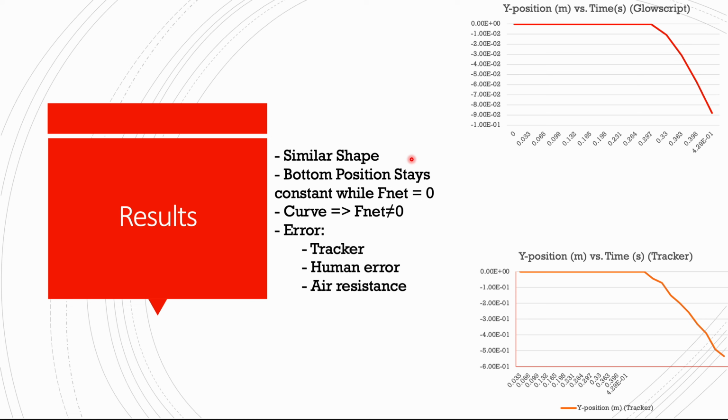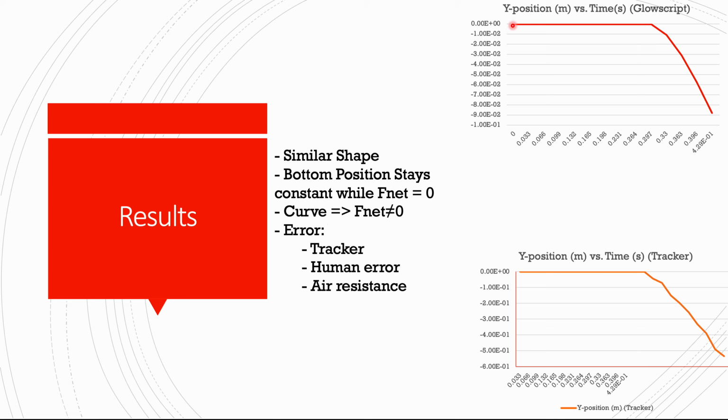For our results, as you can see, there's a pretty similar shape from the GlowScript model to the Tracker model, I should say. This makes sense as we're modeling the same system with the same forces.